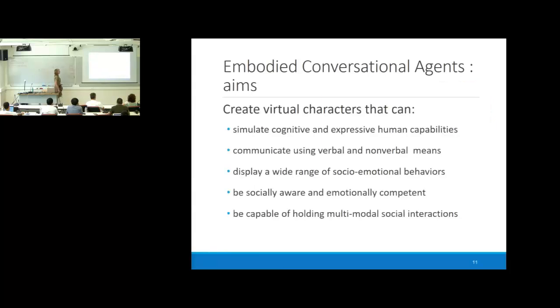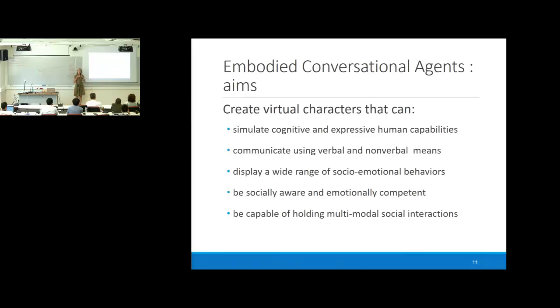So we want to create those virtual agents following several principles. First of all, they should be able to communicate multimodally. If I communicate without moving, you use my lack of expression, my lack of movement, as information, and not always a positive one, okay?